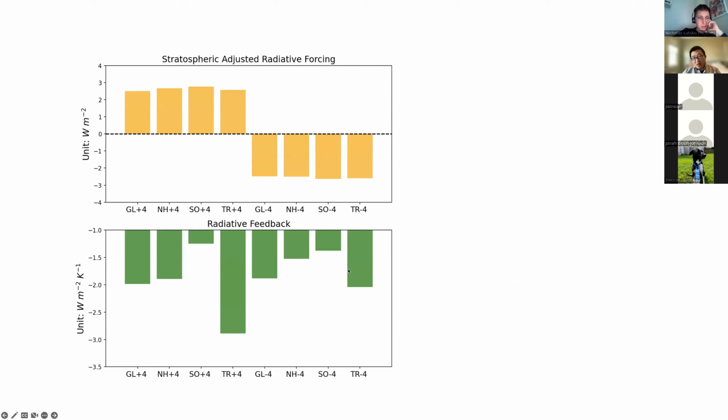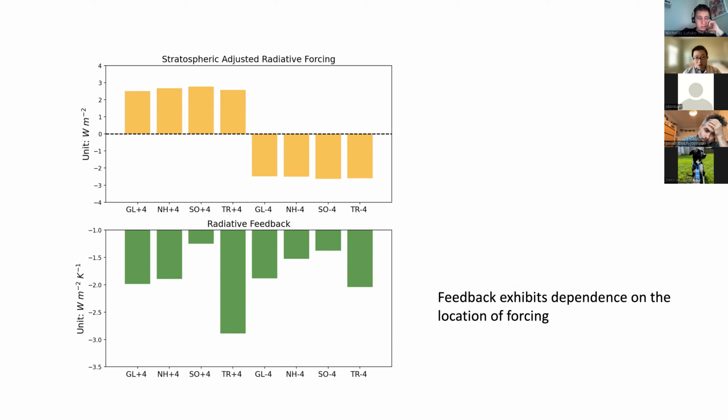However, if you look at the radiative feedback, you do see large variations across these experiments. The Southern Ocean case gives you the least negative feedback, but the tropics give the most negative feedback. So these results indicate that feedback exhibits dependence on the location of the forcing.